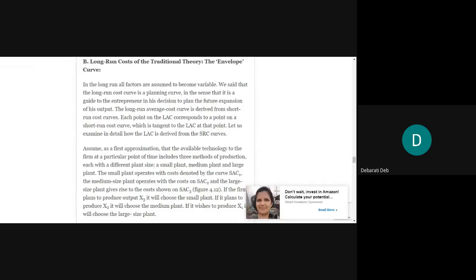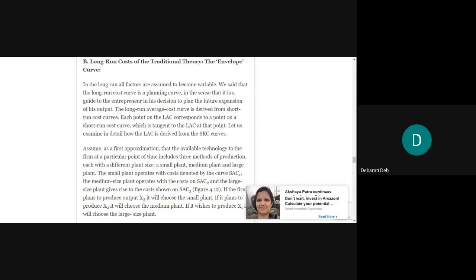So what is our first assumption in the long run costs of traditional theory? The first assumption is that the long run cost curve is more of a planning curve. Why?